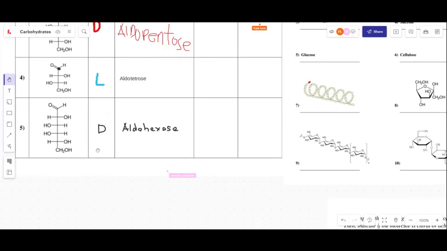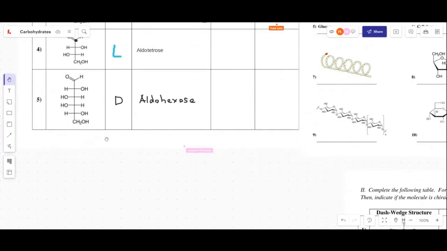All right. So if I want to turn this into a Haworth projection, what I have to keep in mind is these Haworth projections tend to form either what are known as pyranose rings or furanose rings, and those are just fancy names.